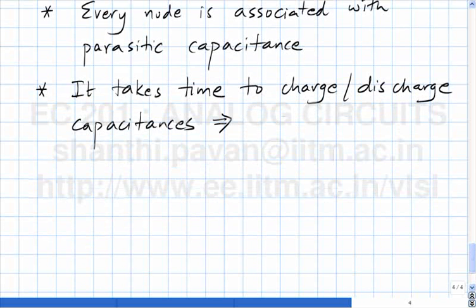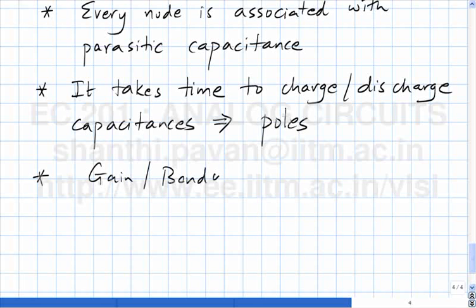Which means in the frequency domain, this basically corresponds to poles associated with the network. There is basically a gain-bandwidth trade-off.